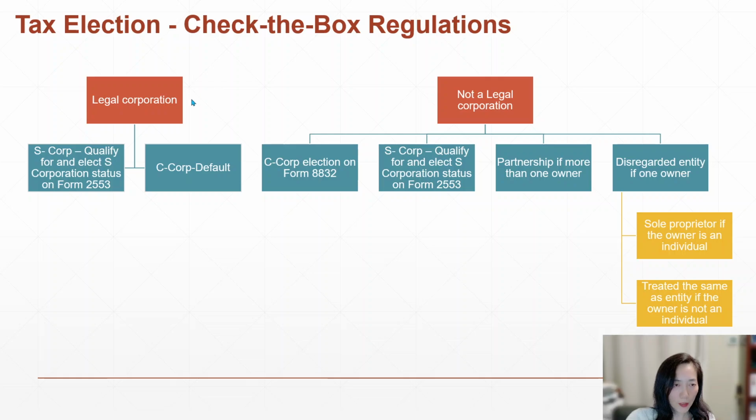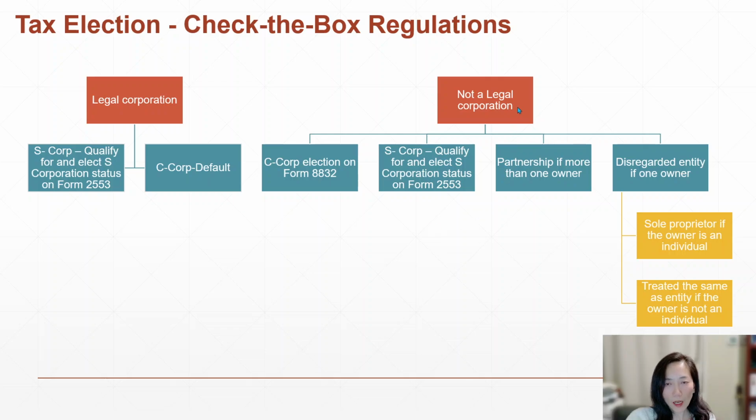One is the corporation. The other one is when the business entity is not a legal corporation. There are different options. So if it's a legal corporation, this corporation can be elected as S corp, but if there's no elections made, the C corp is the default treatment for tax purposes.